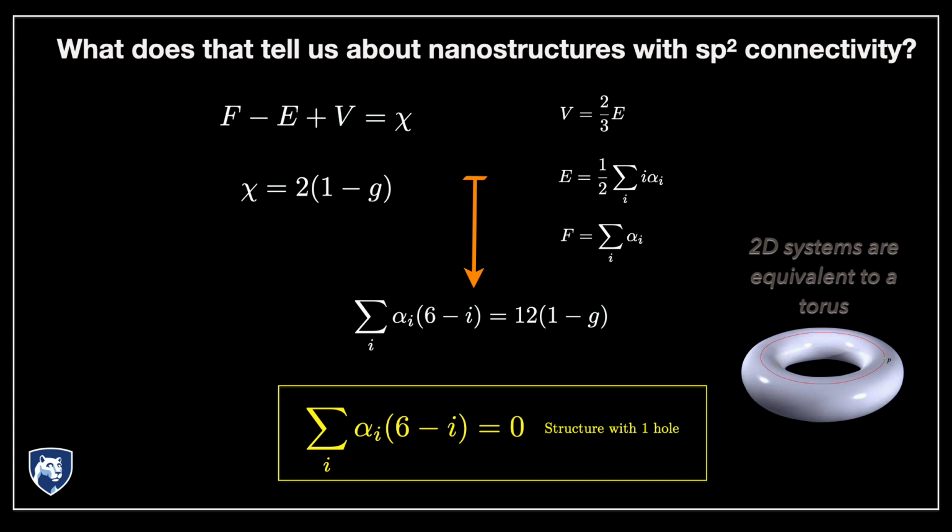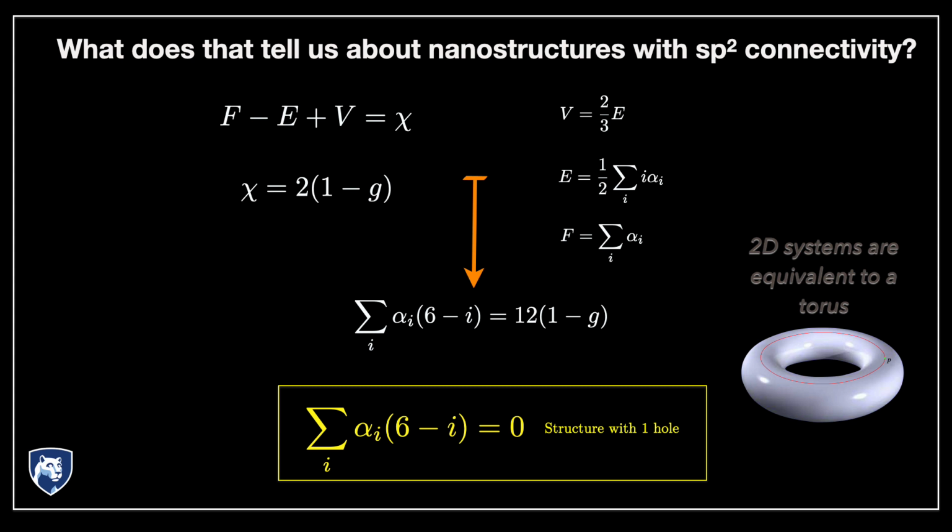Now, the reason why I spend a little bit of time on this is because what's interesting about it is that this equation basically says that the average size of the rings is 6. That's exactly what it means here. So that means that there is something going on with the rings that we have in our structure.